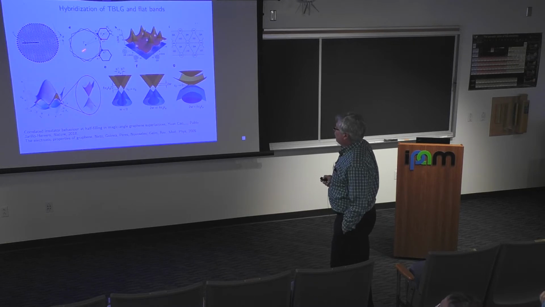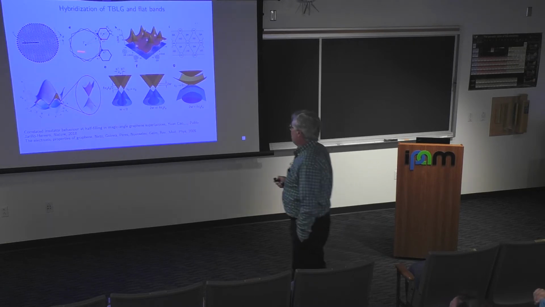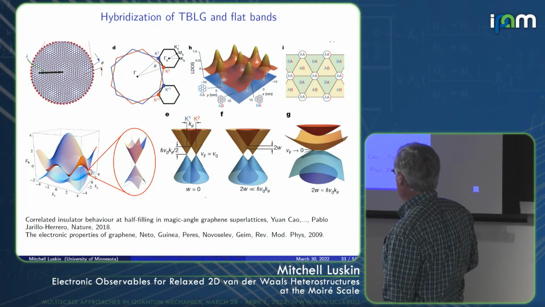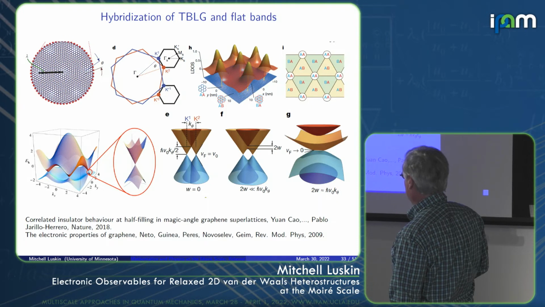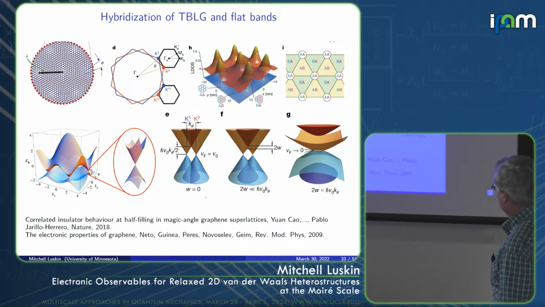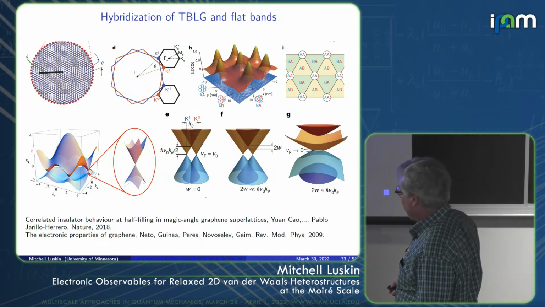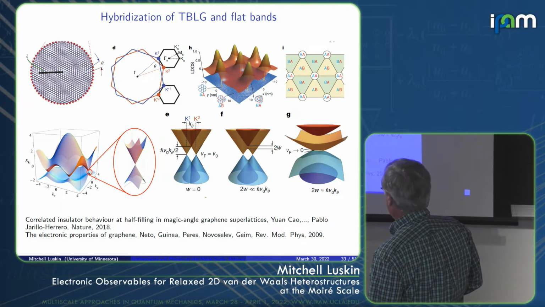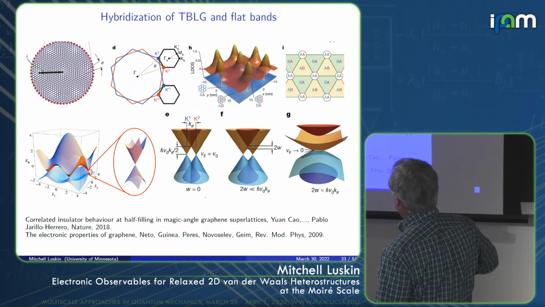kind of try to motivate flat bands. These pictures come out of this paper that really shocked the world, the physics world at least. Cao was the guy that was in the lab night and day, and Jarillo-Herrero is the advisor at MIT, and so these are from their paper.